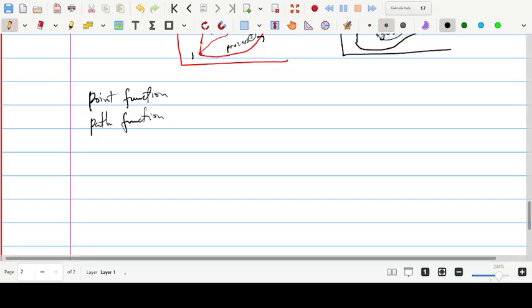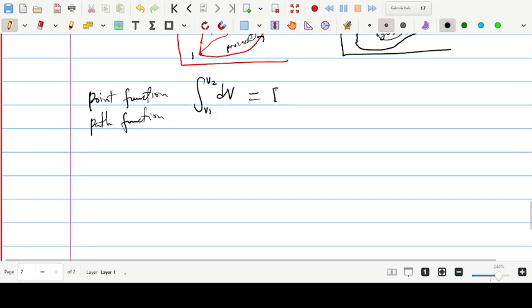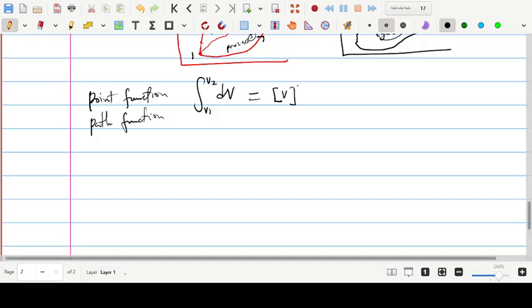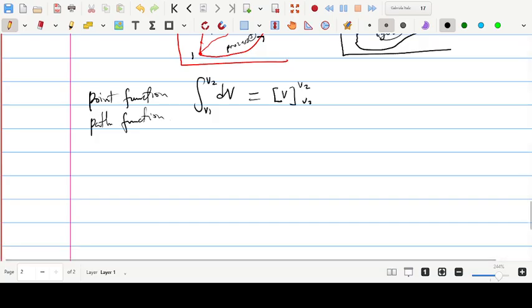So for a point function, its integral is exact. Let's assume that we have v2 here and v1, then dv. If you integrate this, the integration of dv will give you v, then you had your limit v2 and v1.